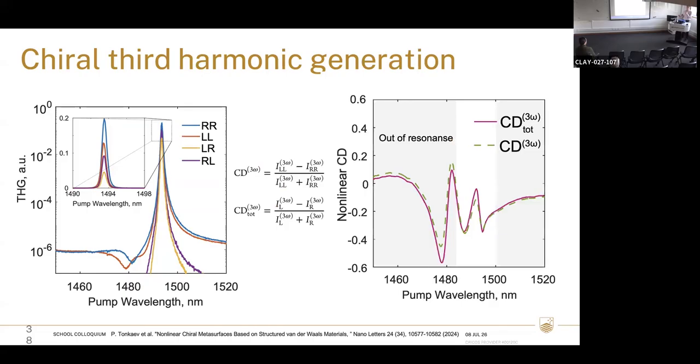If we estimate the nonlinear CD according to the formula I showed you, they are shown here. In the vicinity of the resonance, there will be some nonlinear CD, so from theory we expect to see some nonlinear circular dichroism around the resonance.